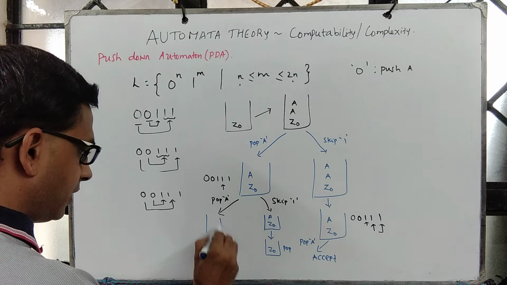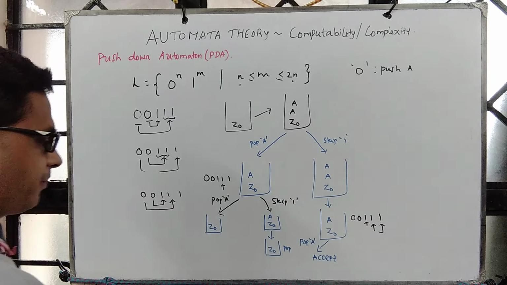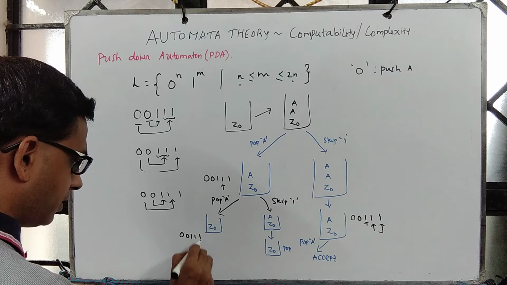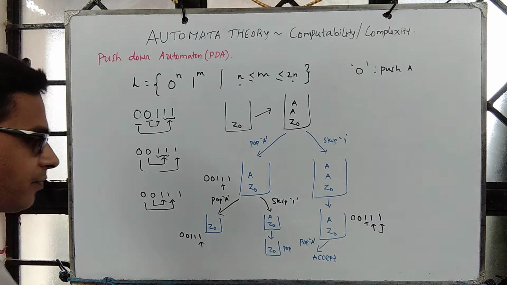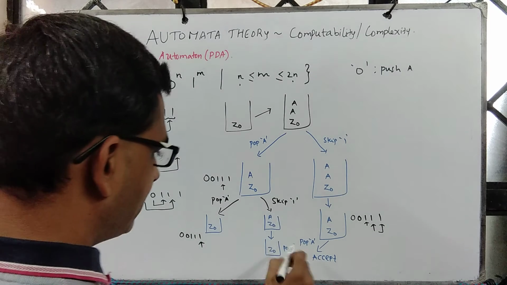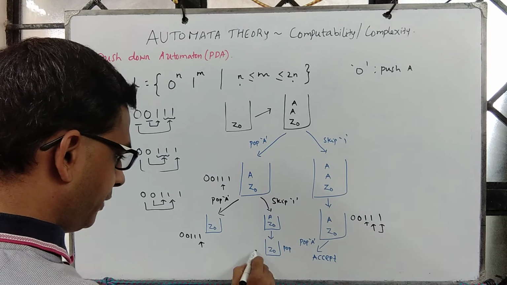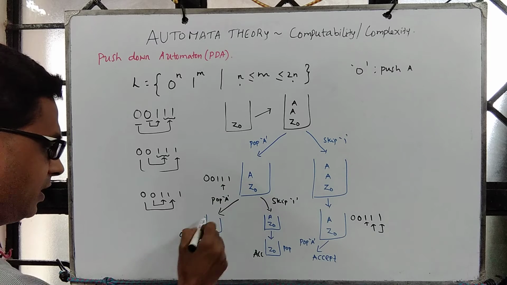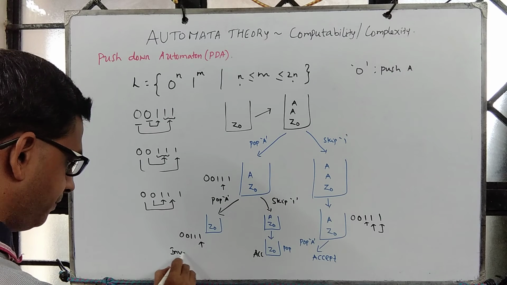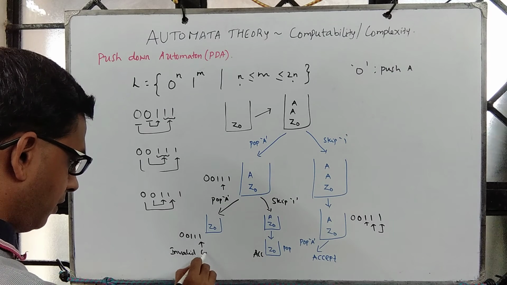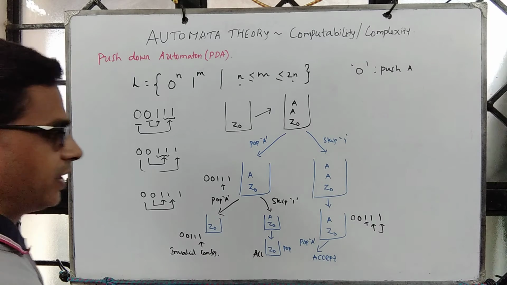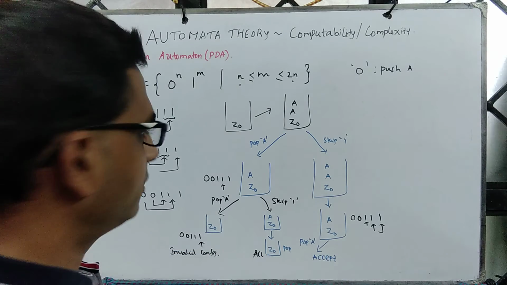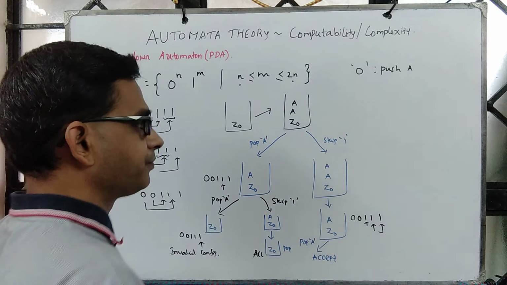This says you pop, you get this. Now if you look at the input 0 0, now control is here. Now in this we are exhausted, which means this is valid, you accept. But this configuration is invalid. But at least one branch is taking me to accept state, therefore it's a valid string.